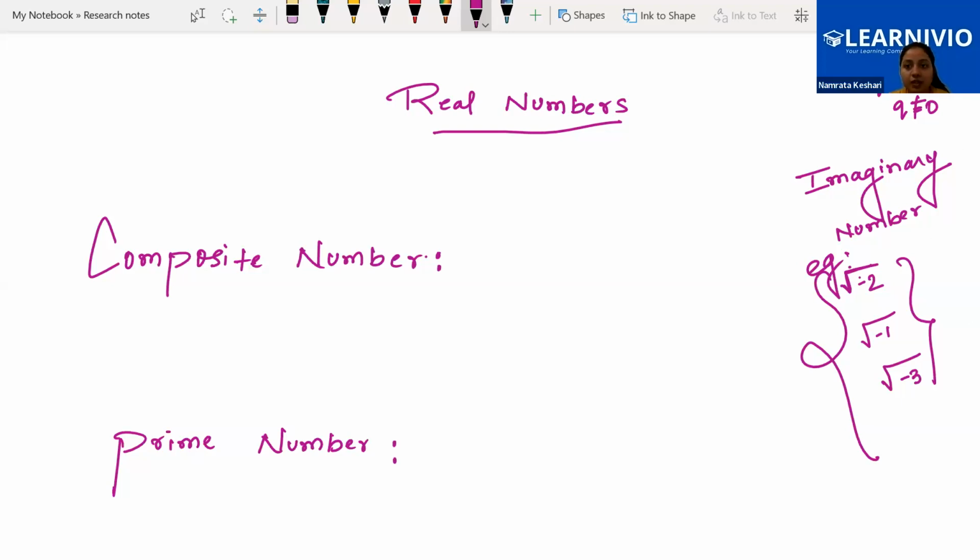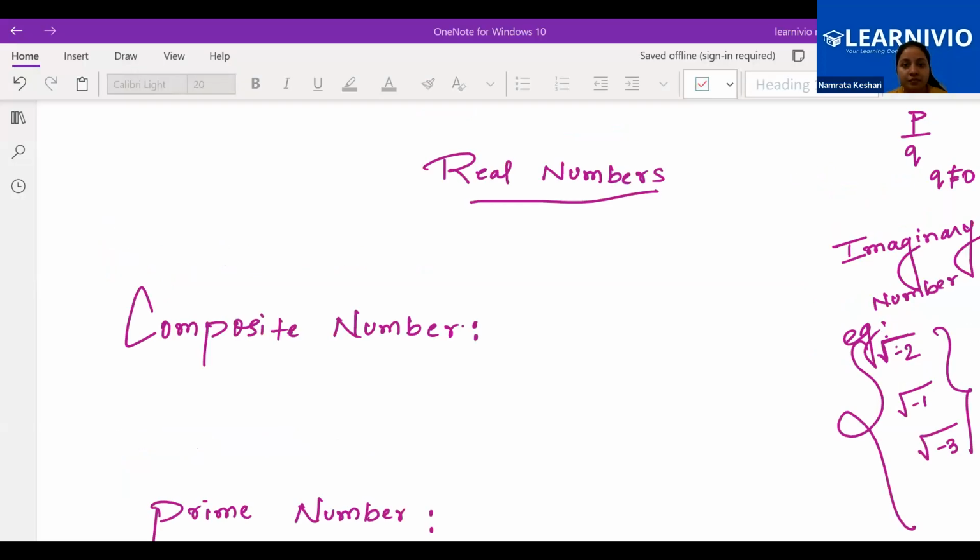Anyone from here, please let me know what is a composite number. Okay, Ziana, you are saying in your last class you stopped at quadratic equations. Yes, Ziana, we realized that real number is still not completed. Is it completed in your batch? You are from 10th M1 only.